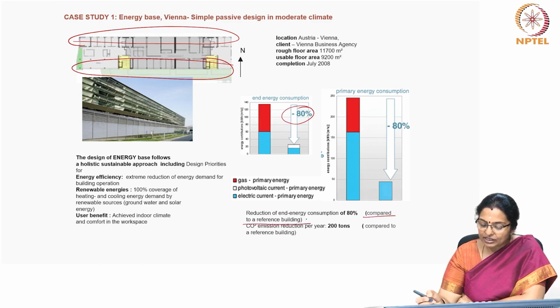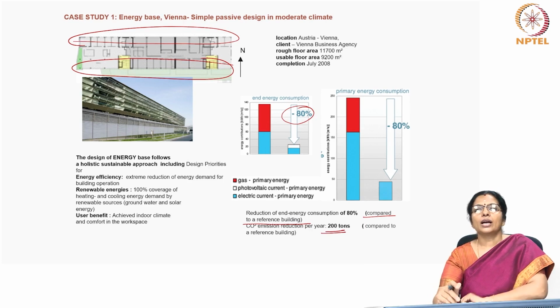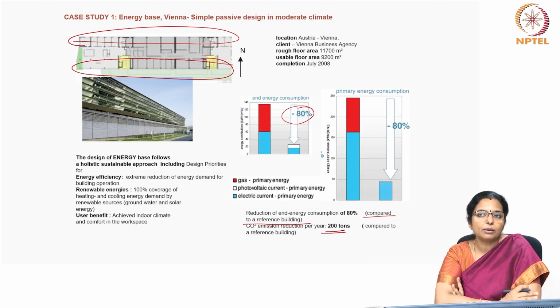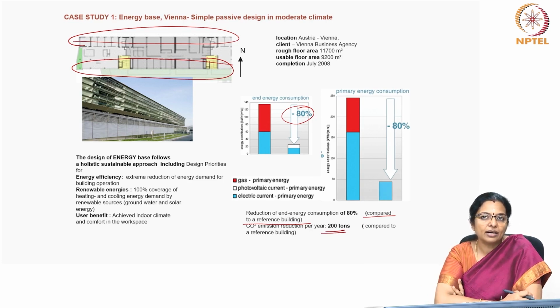The carbon dioxide emission reduction per year is 200 tons as compared to a reference building. This building uses renewable energy. 100% coverage of heating and cooling energy demand is by renewable sources, which are groundwater and solar energy.